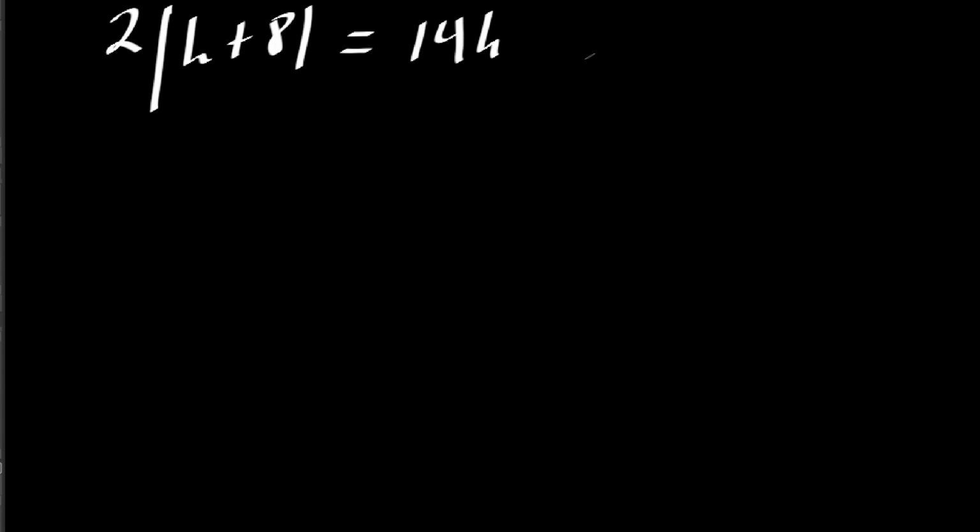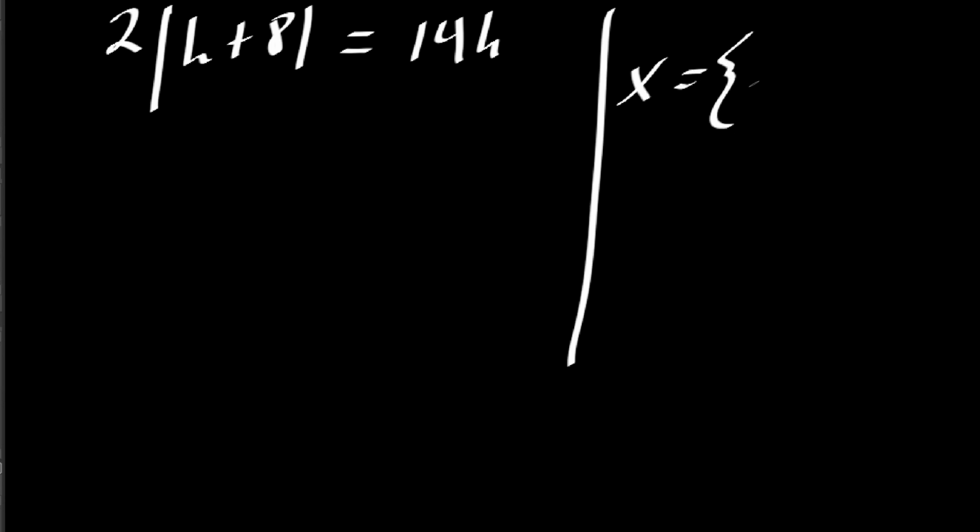So let's rewrite. 2 absolute value h plus 8 equals 14h. Now, I'll tell you, we said h equals negative 1 and 4 over 3. I'll just tell you that 4 over 3 works. That one checks out.